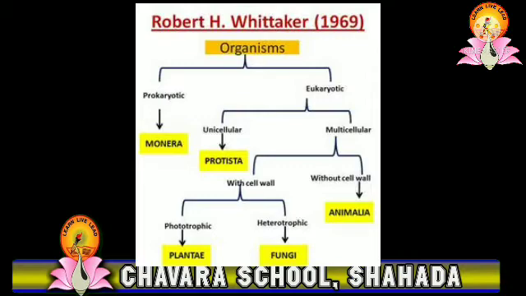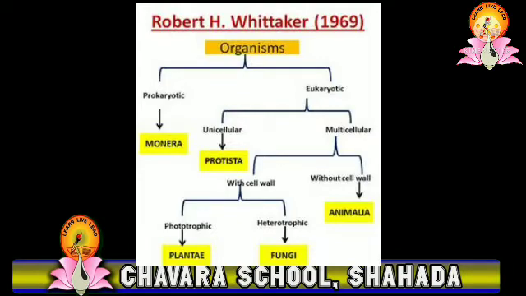Multicellular organisms are further classified as the organisms whose cells are with cell wall, while the organisms whose cells do not have cell wall. So the organisms which have cell wall in them consist of phototropic and heterotropic.